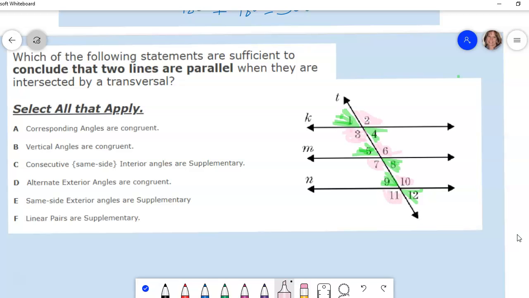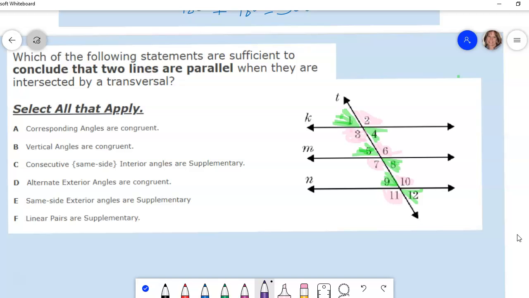All right, so sticking with that, we do know that vertical angles are congruent. We also know that linear pairs are supplementary. But what we want to focus on is what the question is actually asking us.